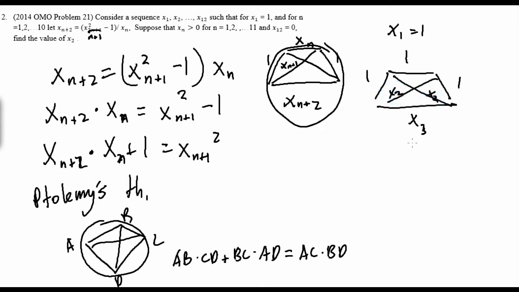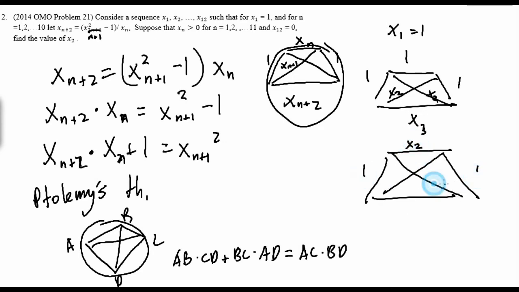Alright, and let's try it with x2, I guess. So this would be x2, 1, 1, x3, and then x4.